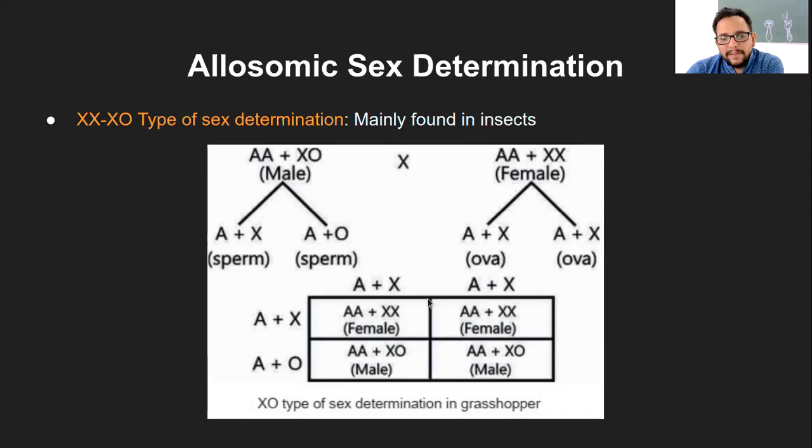In the female, they will always be produced if both X are combined. In the male, because there is only one copy of X and O is a non-sex determining chromosome, this will be identified as male, and this is what is found in insects. So that is XX-XO type of sex determination in male heterogamy.